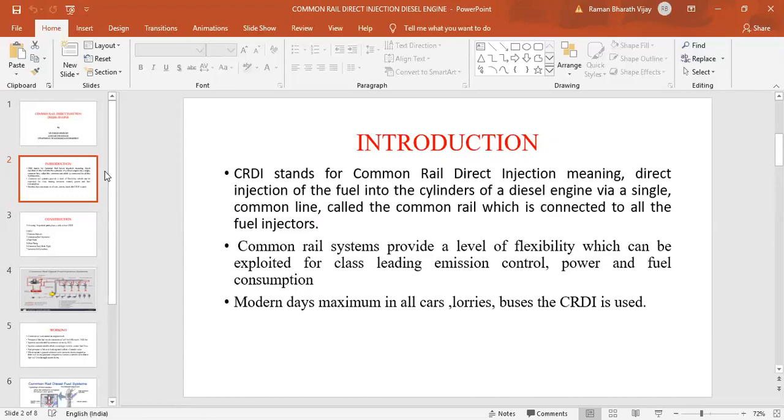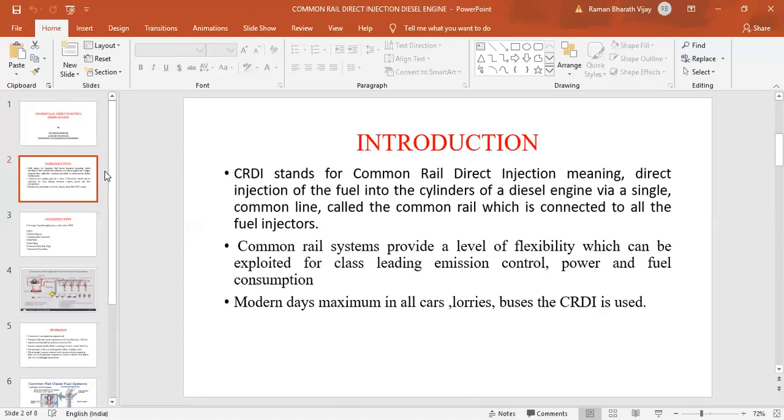In case of CRDI, there will be a common pipe or a common line which supplies fuel for all the injectors. Suppose, for example, we have 4 injectors. This common line supplies fuel to the 4 injectors. So the line will be common through which the fuel will be supplied.